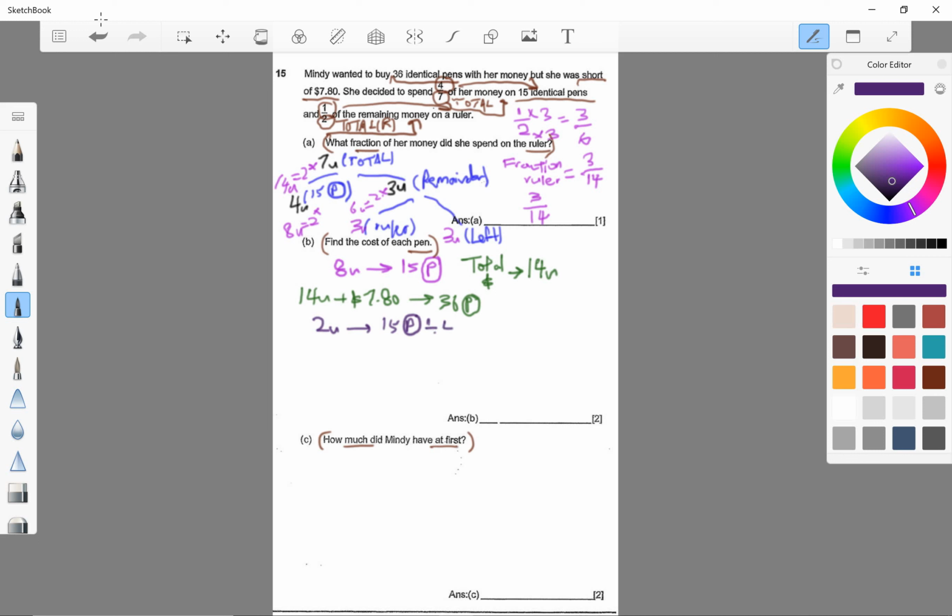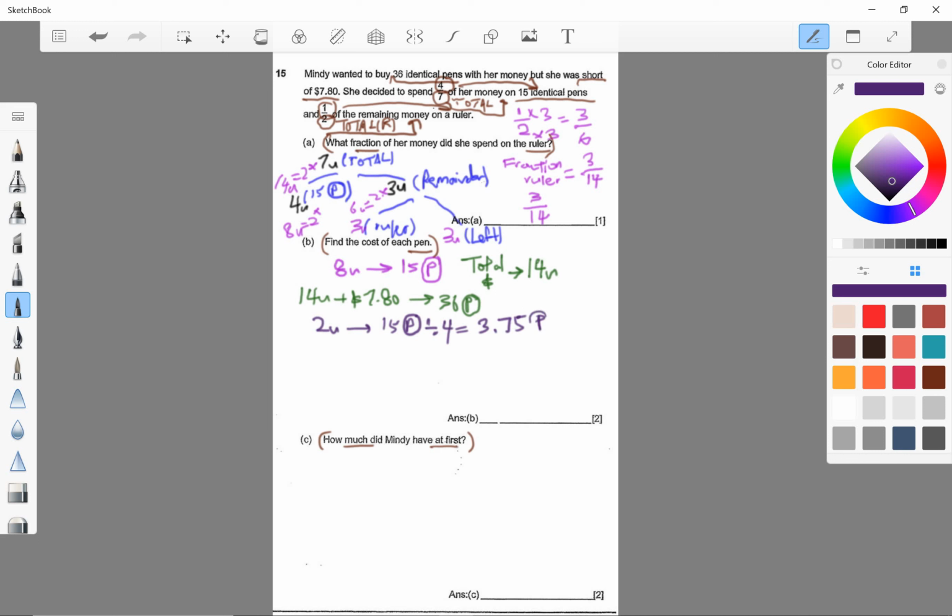And what happens for that? What is 15 divided by 4? So 15 divided by 4 has got to be 3.75. That means every 2 units is 3.75 of a pen.